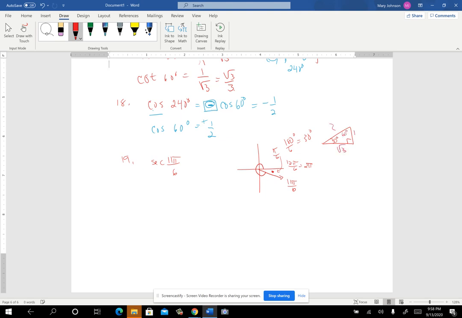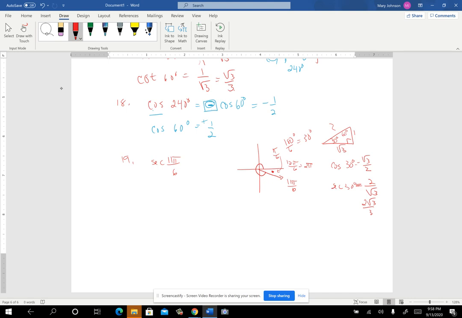And secant, when I'm doing it, I always think sine, cosine, and tangent. The cosine of 30 would be square root of 3 over 2. Secant of 30 would be 2 over the square root of 3, and you would rationalize it, so you'd get 2 square root of 3 over 3.